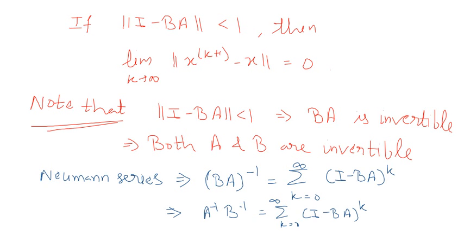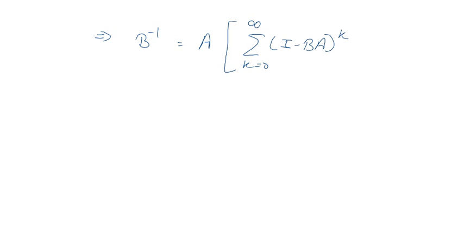So now note that B inverse, we have assumed, is the approximation of the inverse of A. So if you further write from here, this implies B inverse is equal to A times the summation k equals 0 to infinity of I minus BA to the power k.